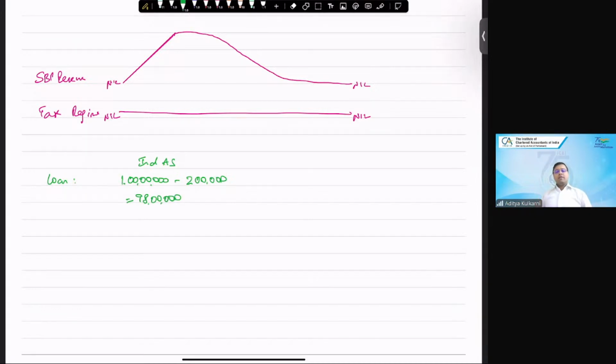This is the value at initial recognition that you will recognize. Now, tax base. The 2 lakhs, the cost of arranging the loan, would have gone to the P&L. Therefore, the loan amount would appear at the value of 1 crore itself. Is it okay? Yes, sir. Okay, let us proceed further.